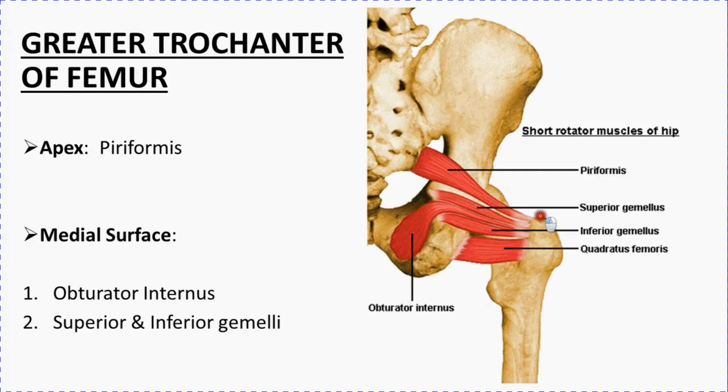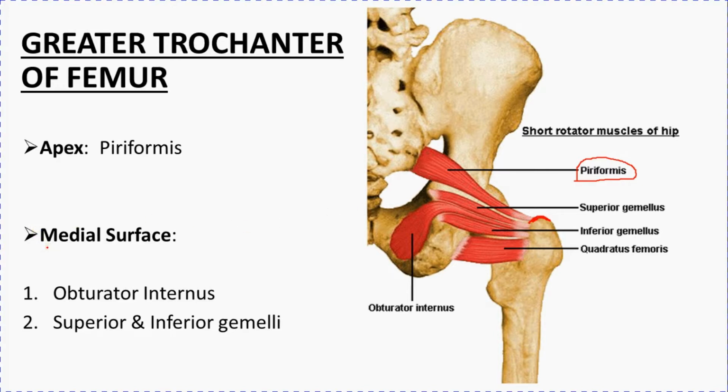The apex, the superior border, gives attachment to the piriformis muscle. You can very clearly see in the figure. This is piriformis muscle and it is attached on the apex of greater trochanter of femur.